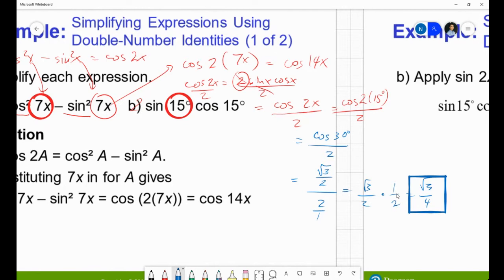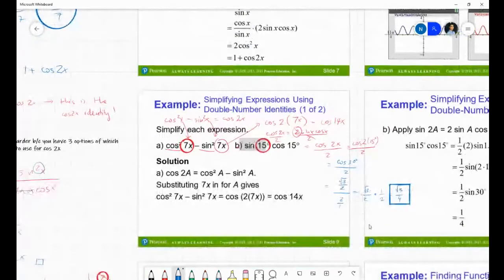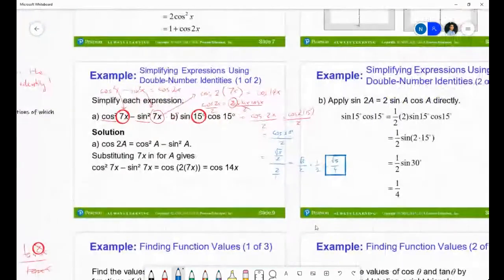Wait, is it sine or cosine? Oh no, I messed up. This is supposed to be sine, not cosine. So all this is sine. Sine of 30 is 1/2. So in the end, you have 1/4.